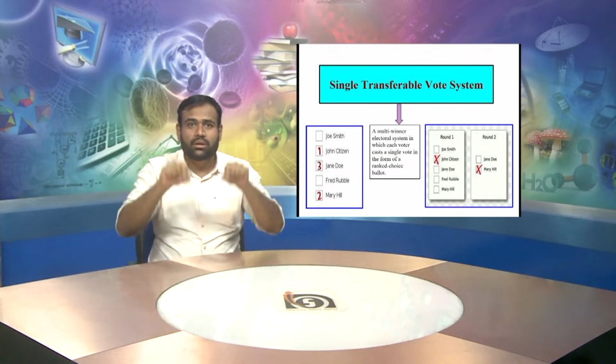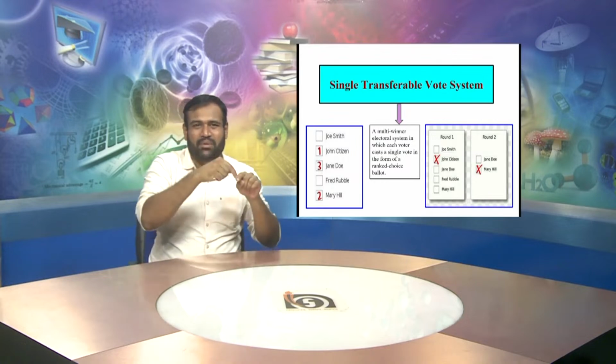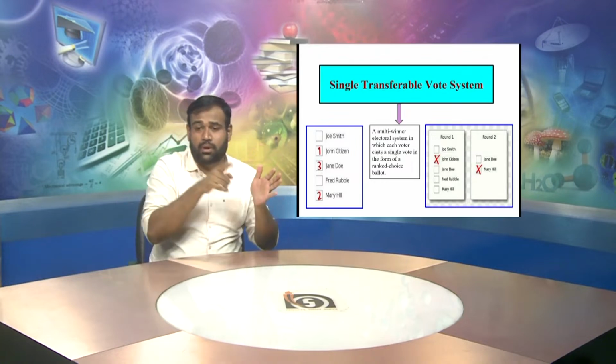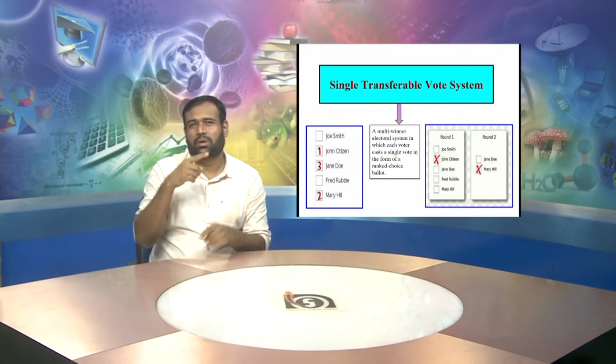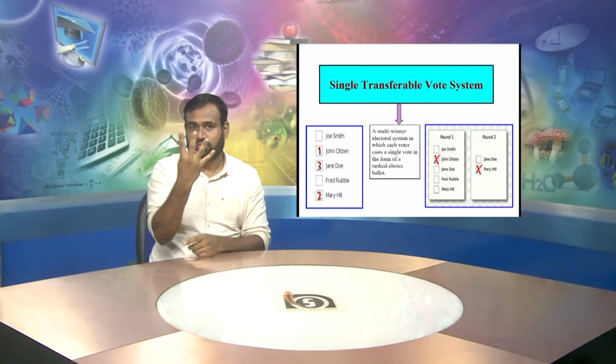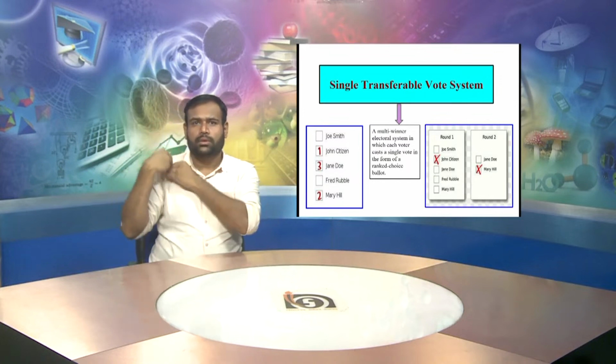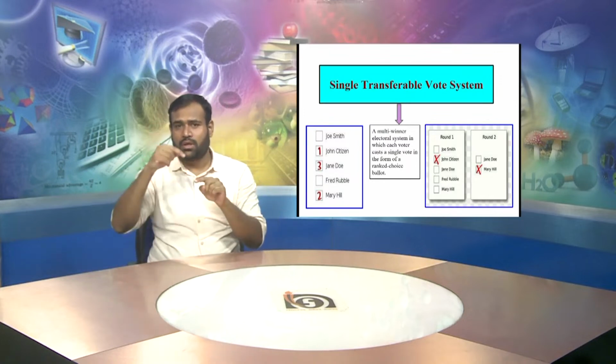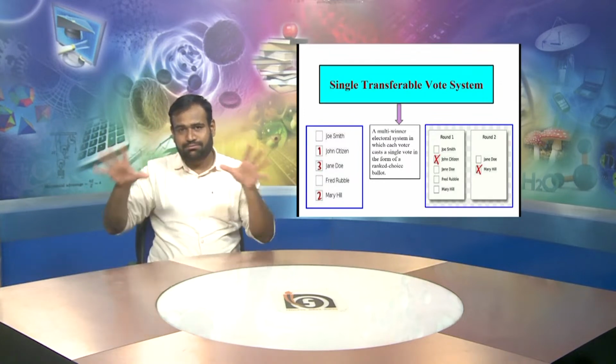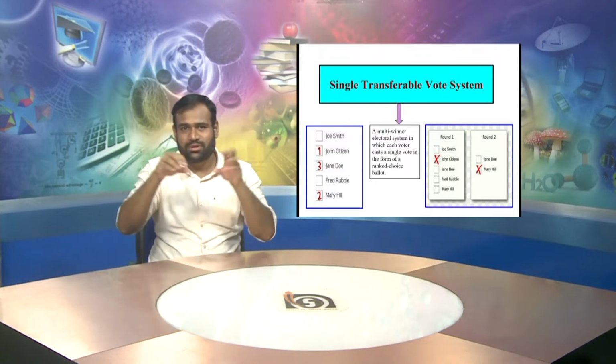So, the single transferable vote system is a multi-winner electoral system in which each voter casts a single vote in the form of a ranked-choice ballot.